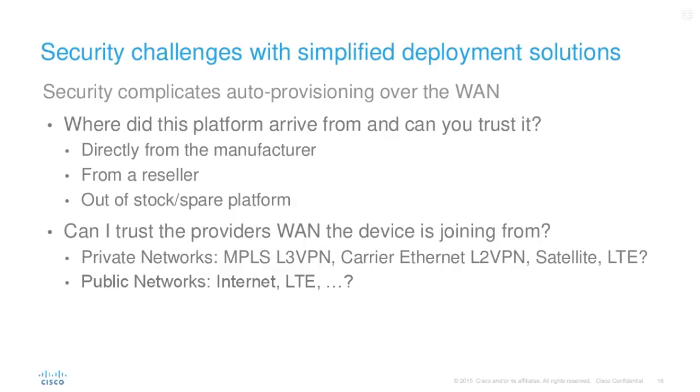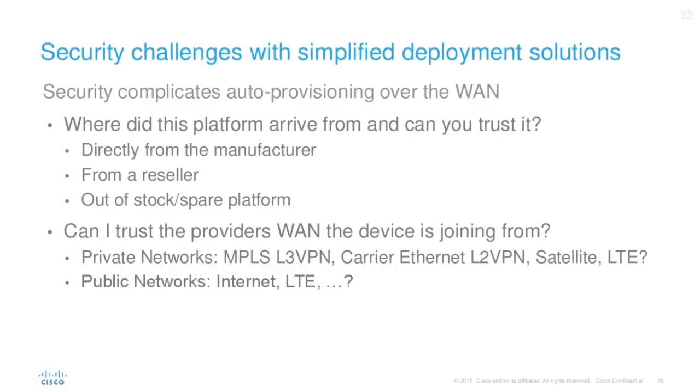Okay, and then when we're doing this, we want to be thinking about other things. We're shipping these devices out, and these devices are connecting over the internet. So we want to think about things like, can I trust this platform? How do I know it's come from the manufacturer that I bought it from?